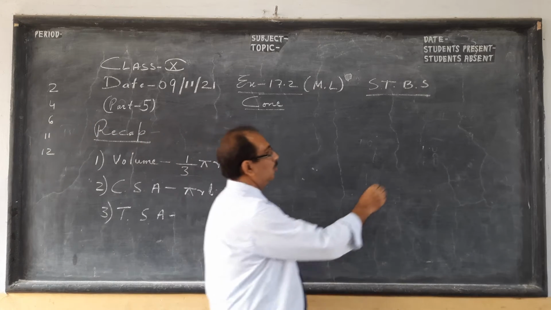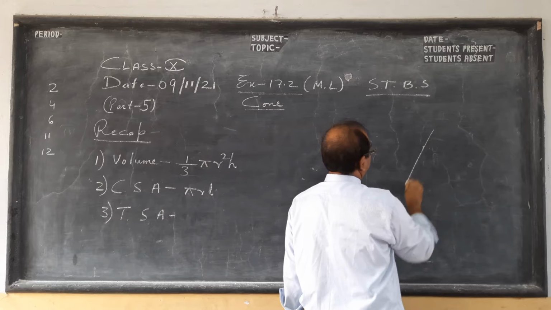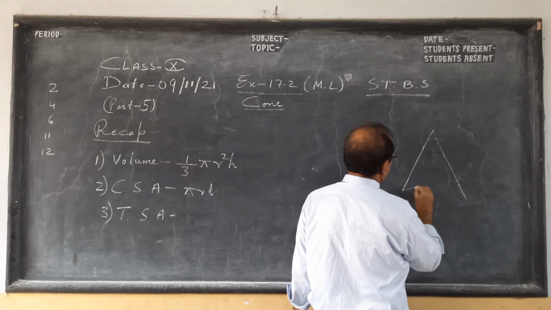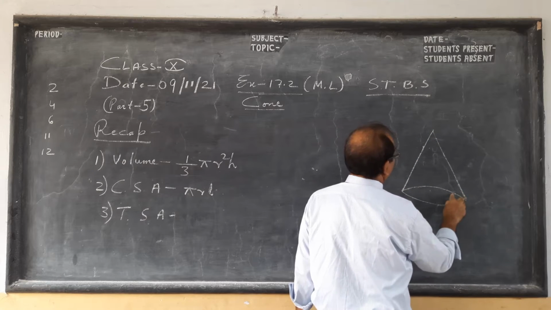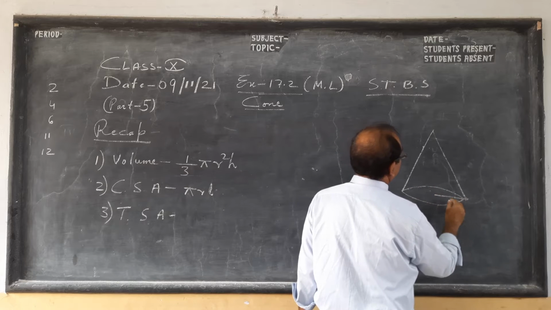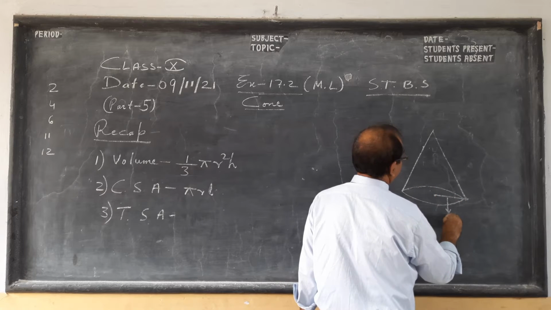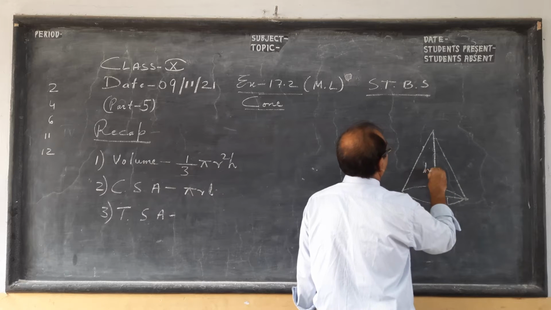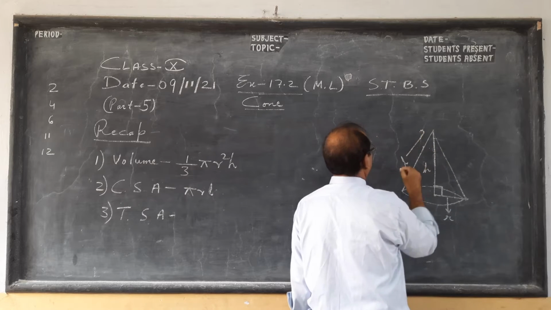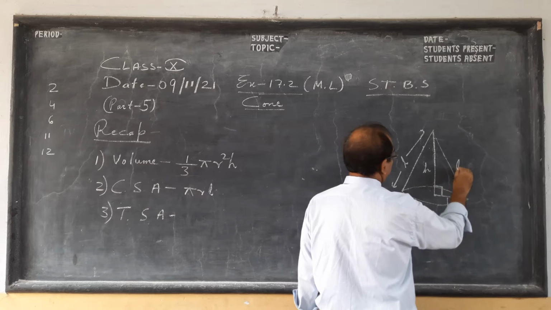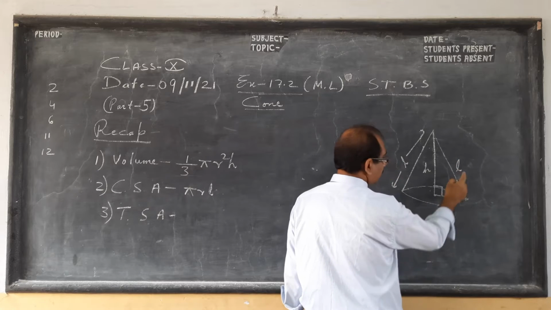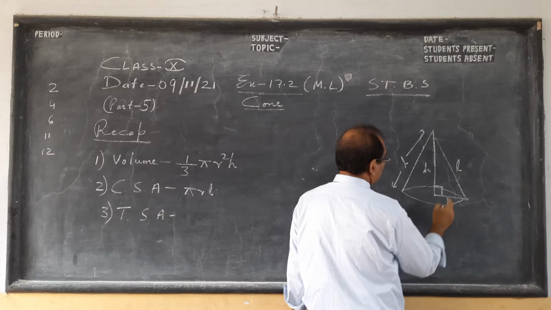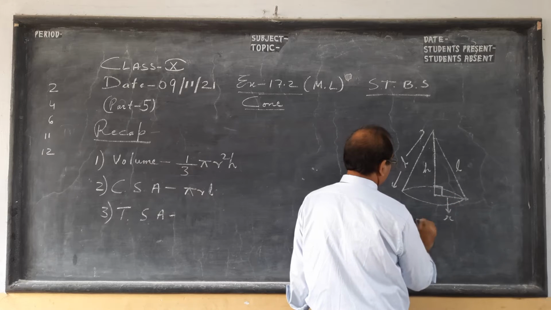Okay, let me draw a cone. If a cone is there, this is called the radius, this is called the height, and this is called the slant height. And by Pythagoras theorem, L square is h square plus r square.